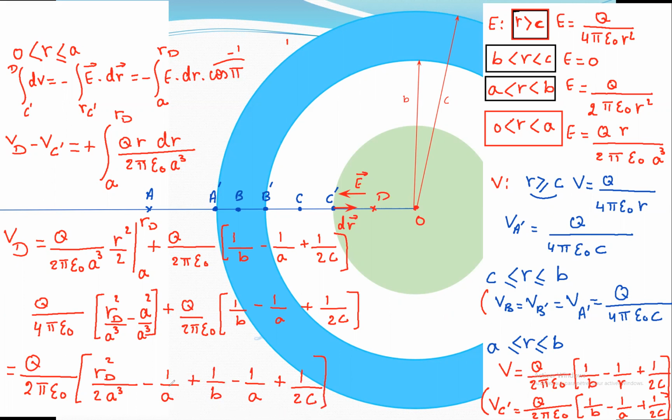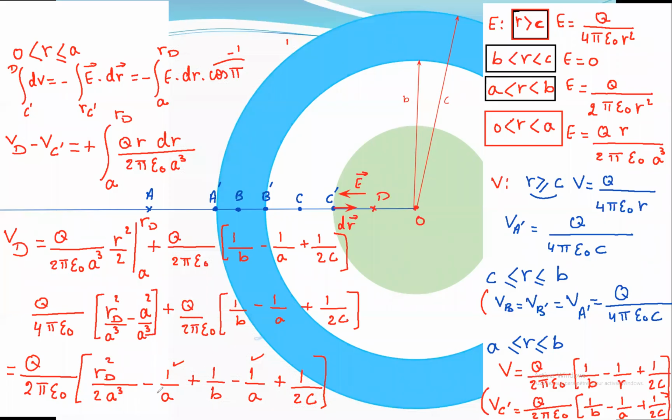You see here we can add this term with this term. I forgot the 2, because we have 4 pi epsilon 0 A cube minus 4 pi epsilon 0 A cube and A2, voila. It's like this. Now we write the final answer.